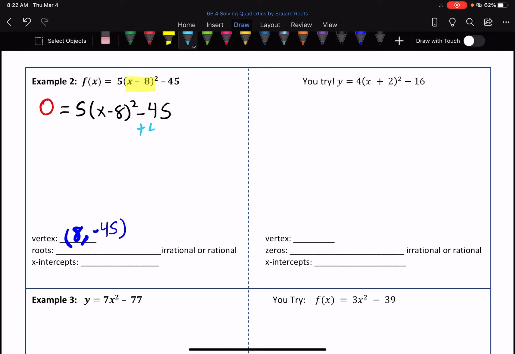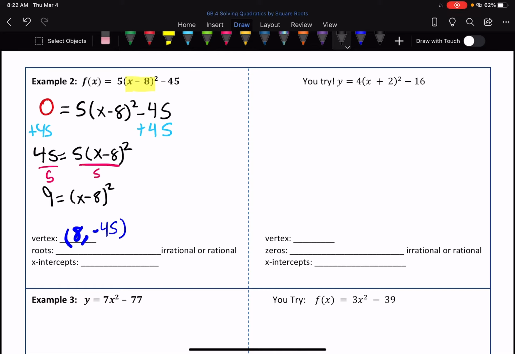And I'm going to add 45 to both sides. That's going to give me that 45 equals 5 times (x minus 8) squared. Then I'm going to divide both sides by 5. And that gives me that 9 equals (x minus 8) squared.